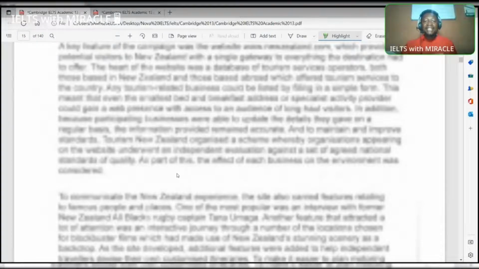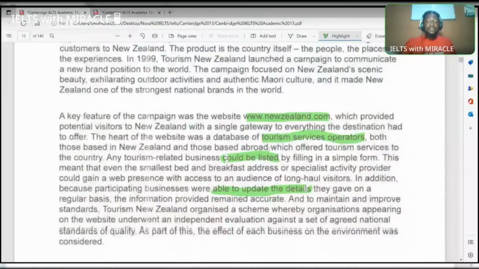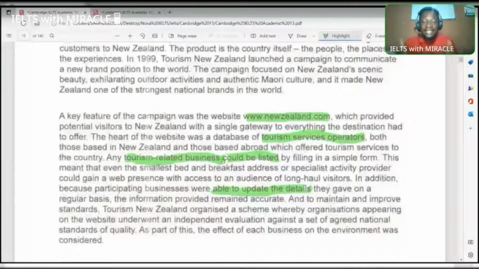What is the contradiction? They told us that any tourism related business could be listed by filling in a simple form. That means, and that is an opposite of ready made. That tells us that it is not ready made. So for false, you would see that one of the keywords in the statement will be contradicted in the passage.